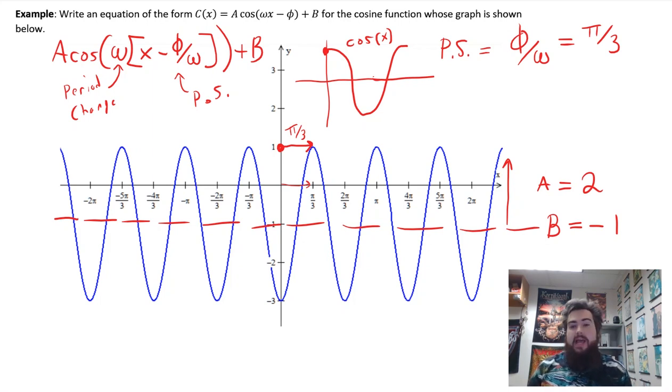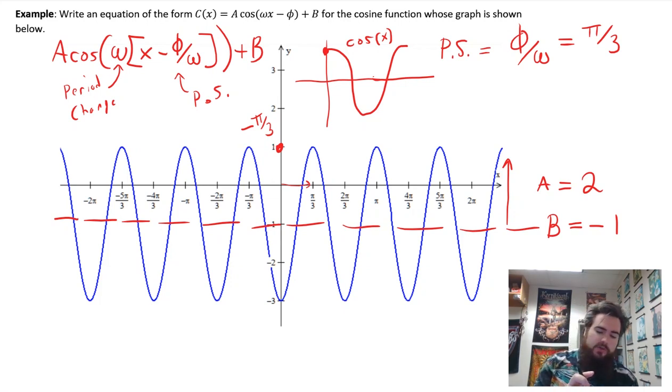However, as periodic functions tend to work, there are multiple ways of denoting that because you can start from many different places. If, for example, I wanted to consider starting back over to here, that means phi over omega is negative pi thirds. And that is fine as well.